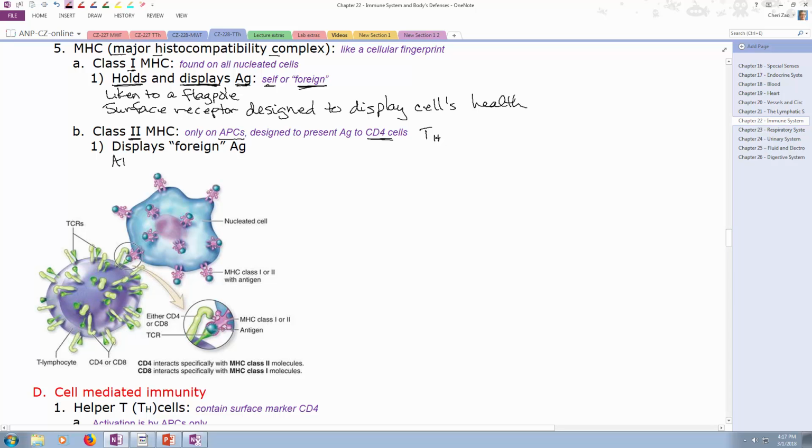So APCs are designed to be the only ones T helper cells respond to.